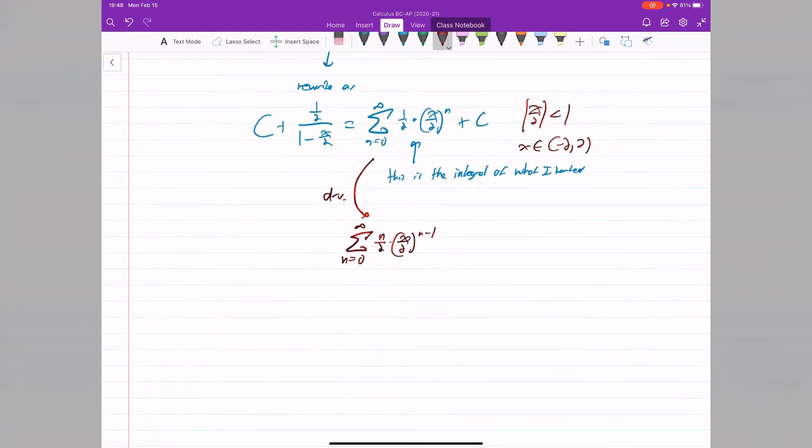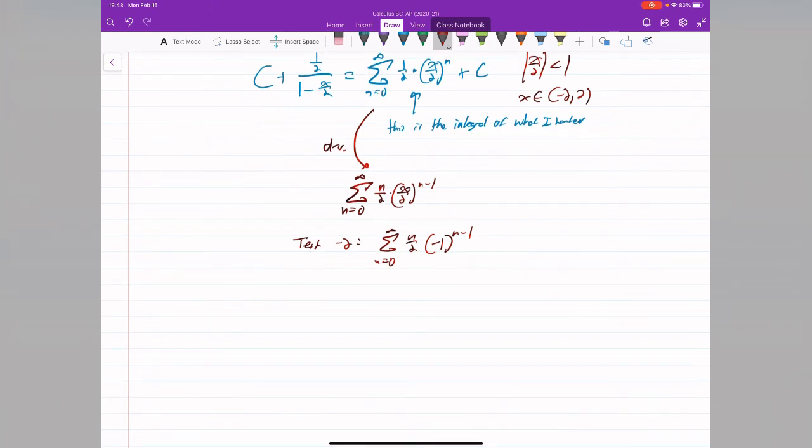And if I go back to my other one, we want to test negative 2. If I plug negative 2 in for x, what I get is the sum from n equals 0 to infinity of n over 2 times (negative 2 over 2), so that's negative 1 to the n minus 1. That just means it's going to be alternating. Let's pull the 1/2 out, because it's a constant multiplier.